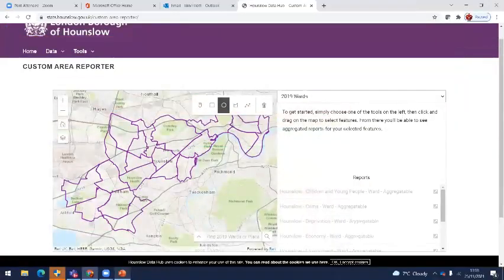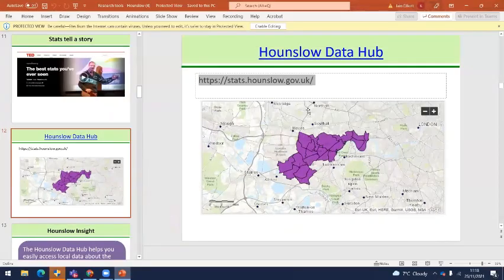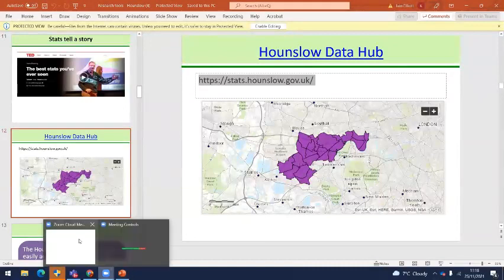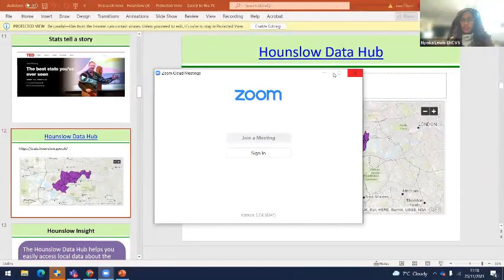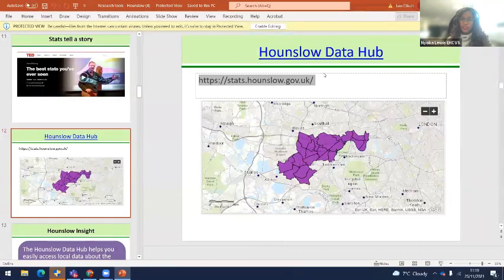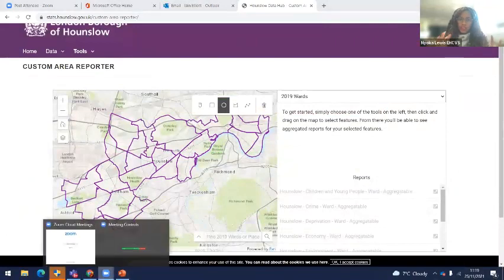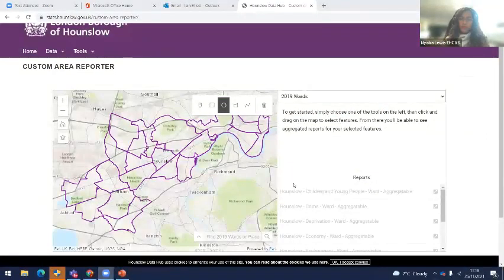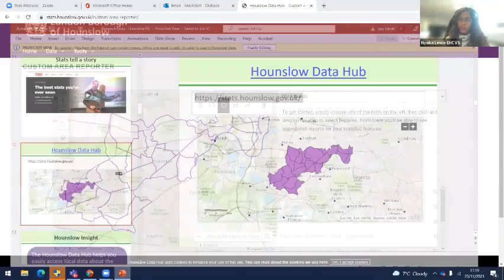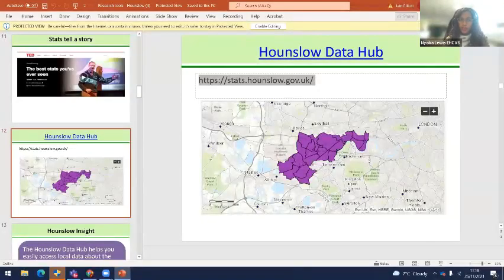Yeah, and we did record a session delivered by people from Ealing, the creators of the portal. They came in and had a session, so I recorded it and I've saved it. It gives you an exact run through of how to use the website. It's very similar to the one that you have in Hounslow, but does give a simplified way of looking at it.